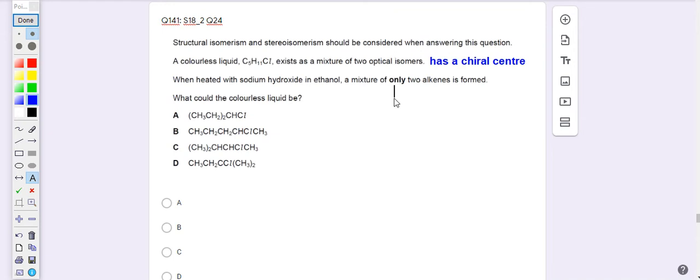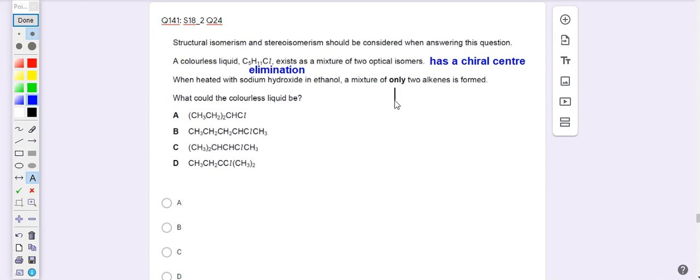Then when heated with sodium hydroxide in ethanol, this is an elimination reaction of halogenoalkane, so a mixture of only two alkenes is formed.